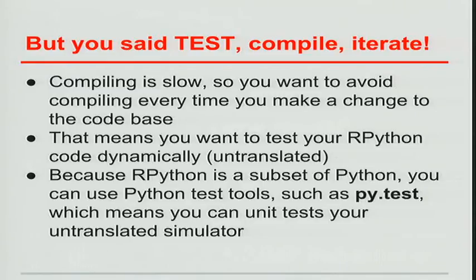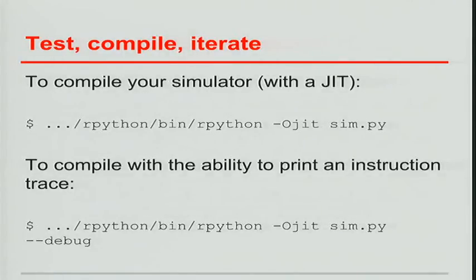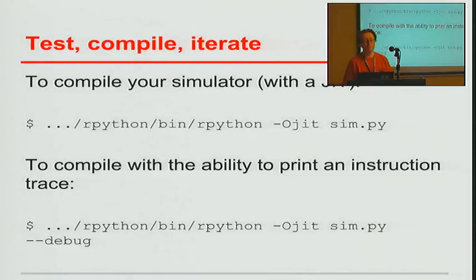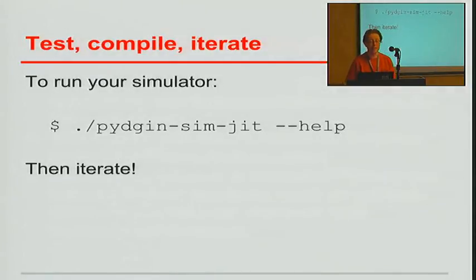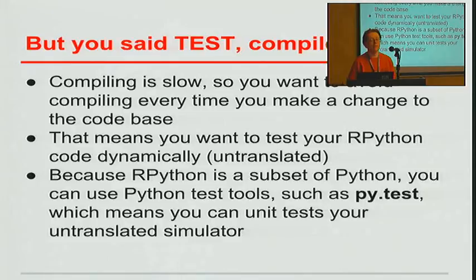So this step I've just showed you, using RPython to translate your RPython code into C and then into a binary executable so it's much faster, is really nice. But that step of translation and compilation takes quite a while. So when you're testing, you don't always want to be testing with your fast native executable simulator.